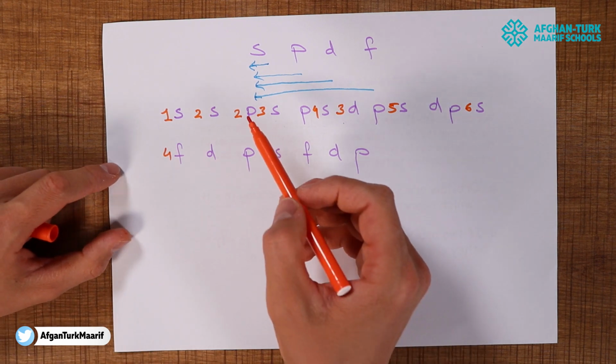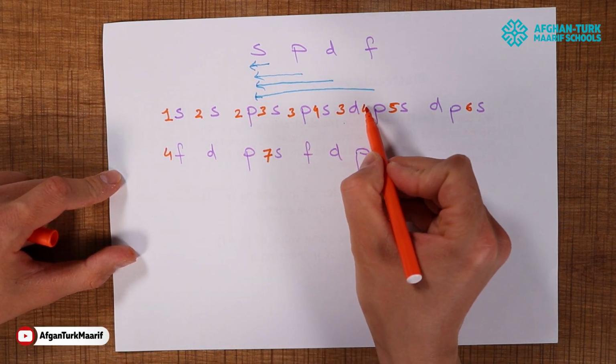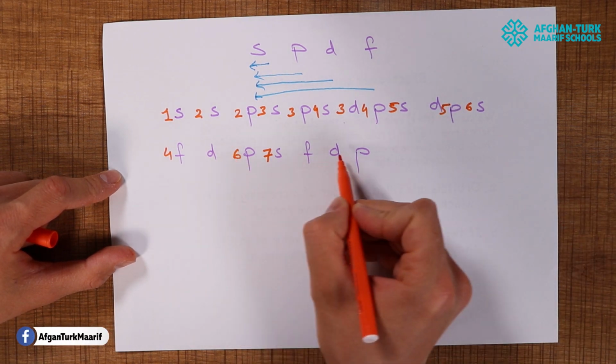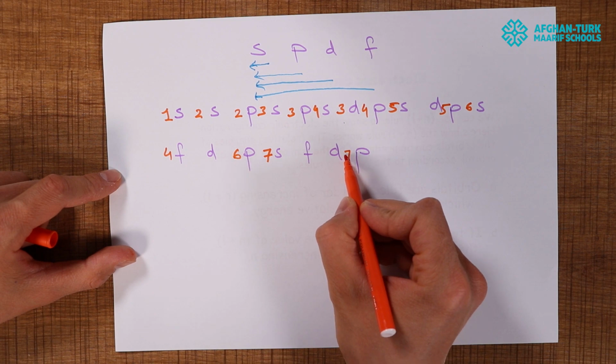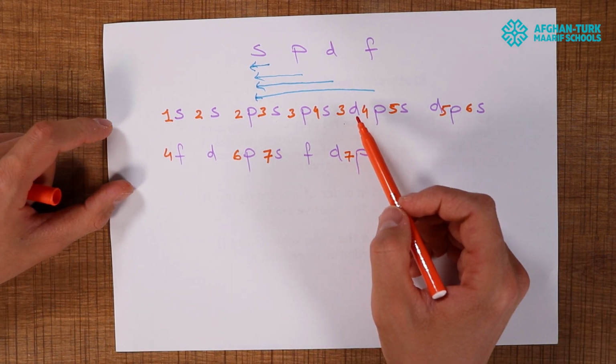Okay, so what about the p? p starts from the second. So over here, p is third, fourth, fifth, sixth, and seventh. Exactly. So these d start from the third principal quantum shell.